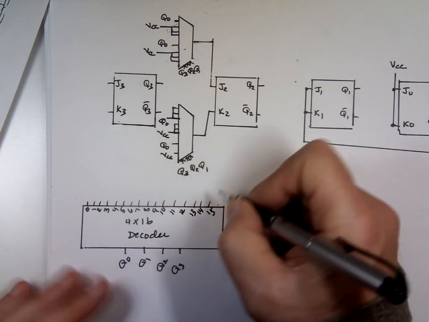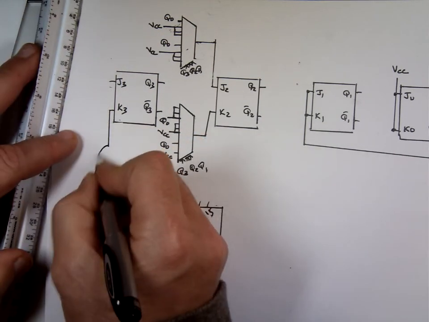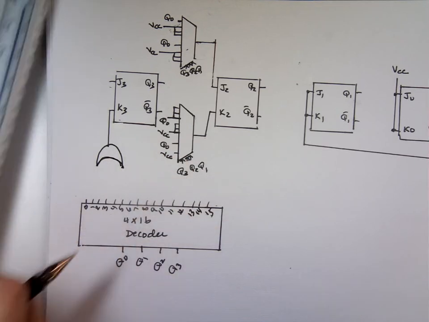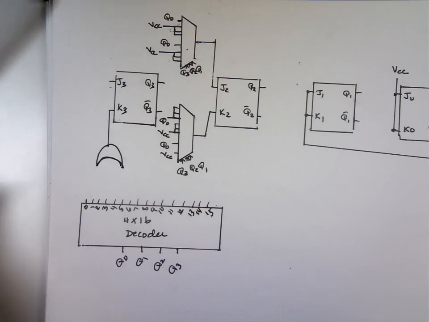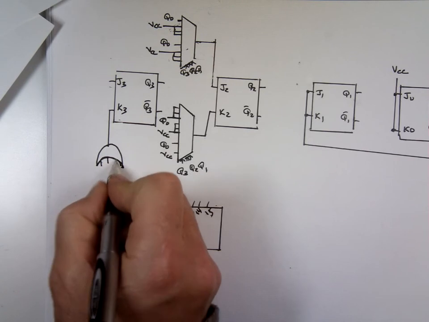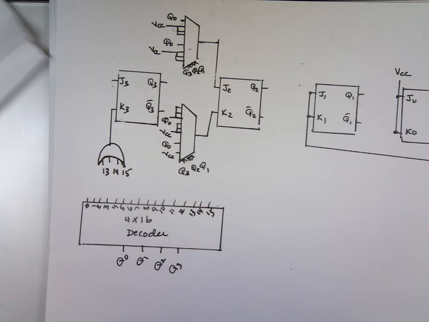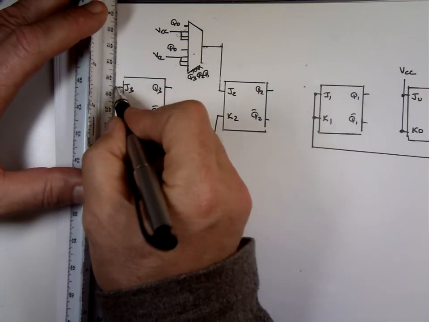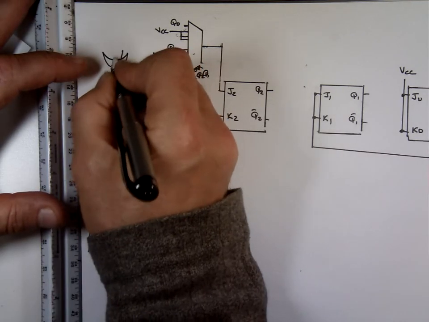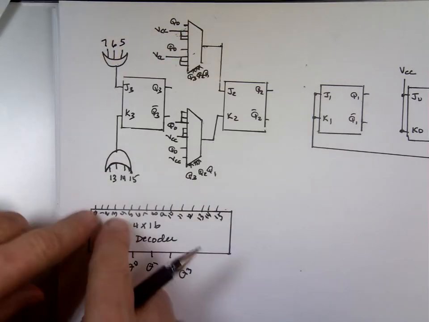What are you going to attach to K3? It's an OR gate. Which of these is going to be attached to K3? K3 is 13, 14, 15. And for J3, 5, 6, and 7. So you take the wires from here and attach them right there, and that's my circuit.